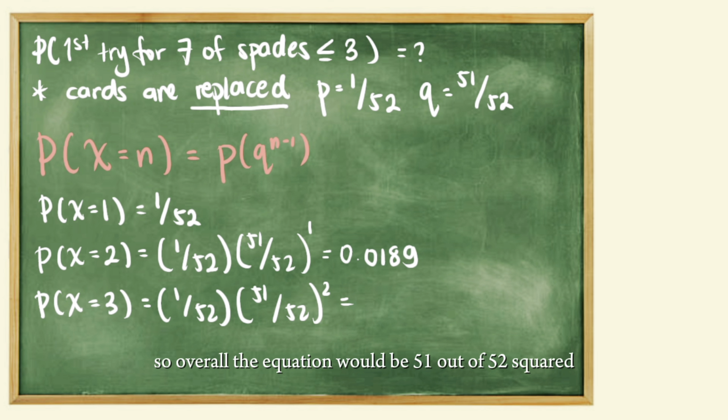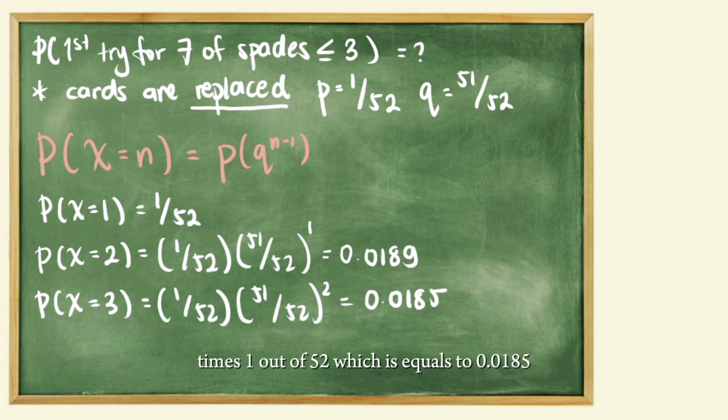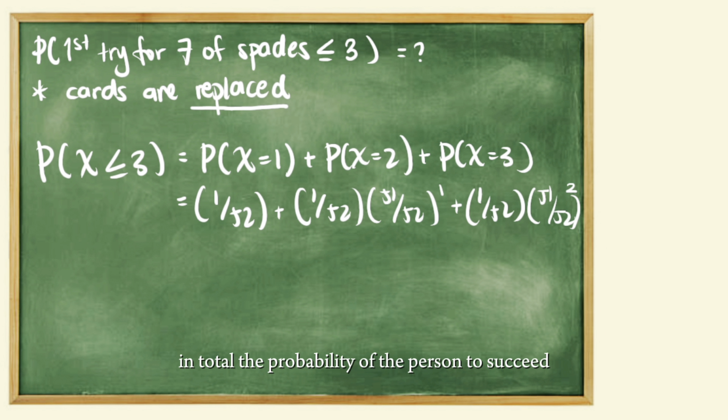So overall, the equation would be 51 out of 52 squared times 1 out of 52, which equals 0.0185.